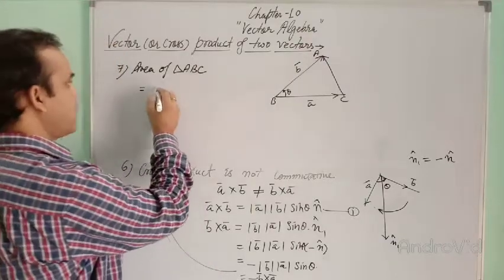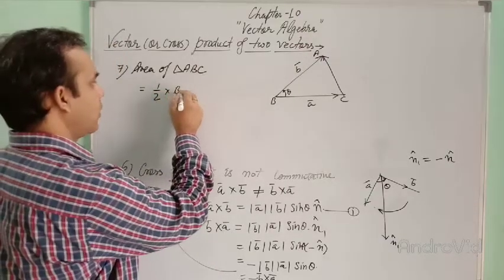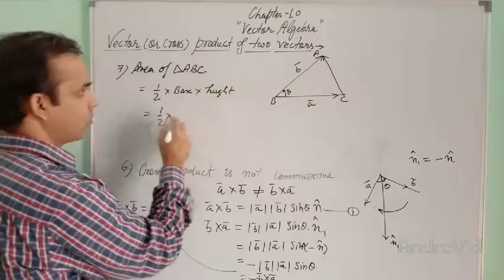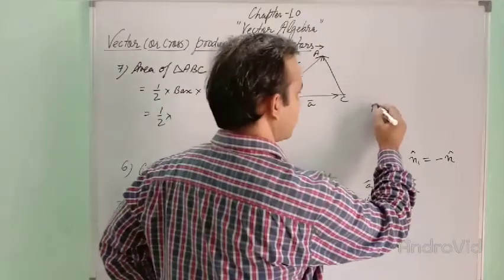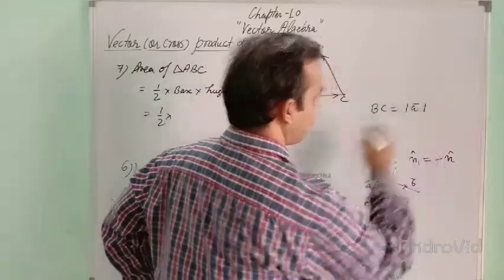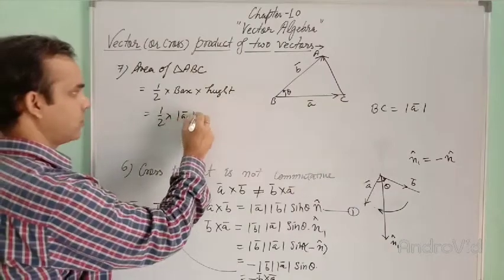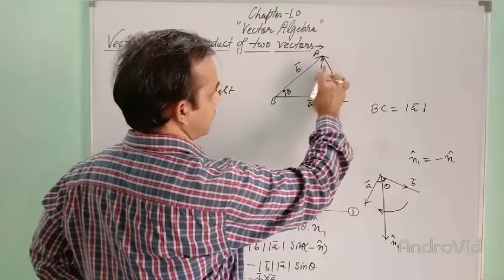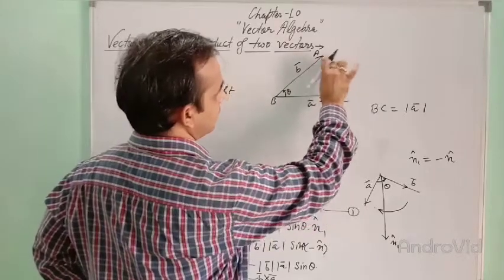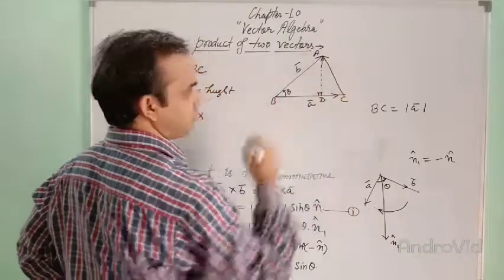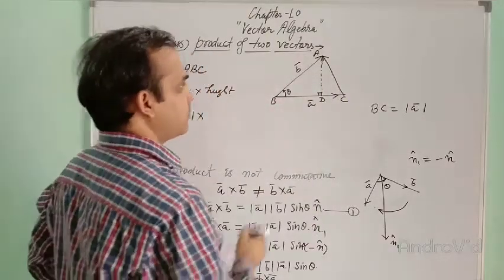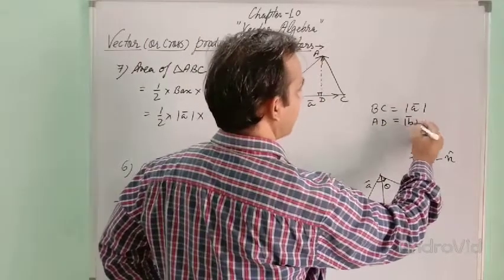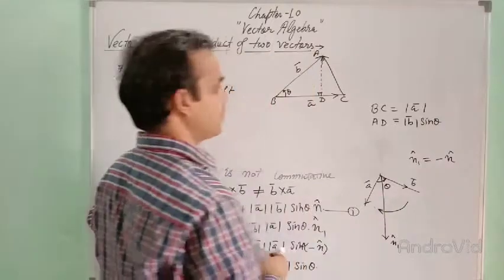We know that the area of a triangle is given as 1/2 into base into height. The base is this BC vector, so the length of BC will become magnitude of A. Okay, height: draw the perpendicular, and suppose it is AD. Then the length of AD will be equal to the B vector magnitude times sin theta.